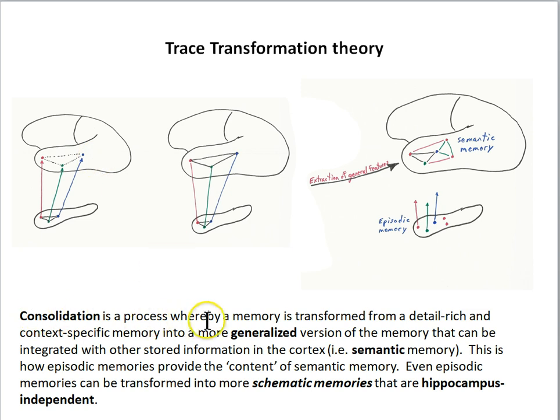So consolidation is a process whereby memory is transformed from a detail-rich and context-specific memory into a more generalized version of the memory that can be integrated with other stored information in the cortex. We call that semantic memory. This is how episodic memories provide the content of semantic memory. Even episodic memories can be transformed into more schematic memories that are hippocampus independent, and we'll see an example of that from HM in a moment.